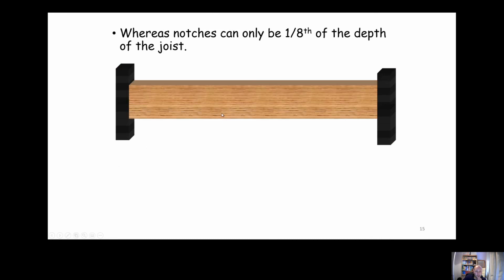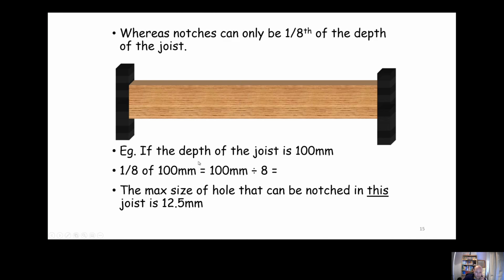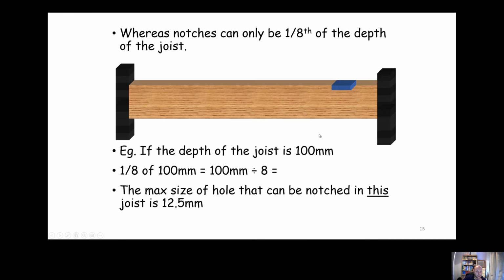Notches can be only 1/8 of the depth, so you do the depth divided by 8. If we were notching a 100 mil joist, we do 100 divided by 8, which means the maximum depth of notch would only be 12.5 mil.